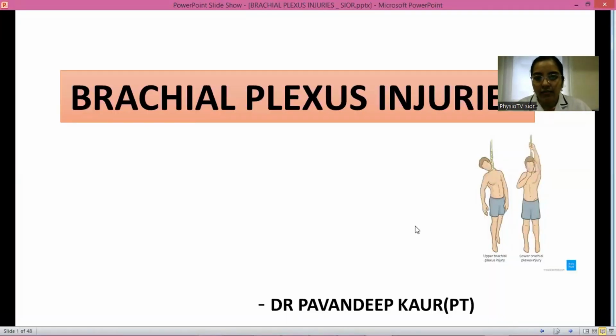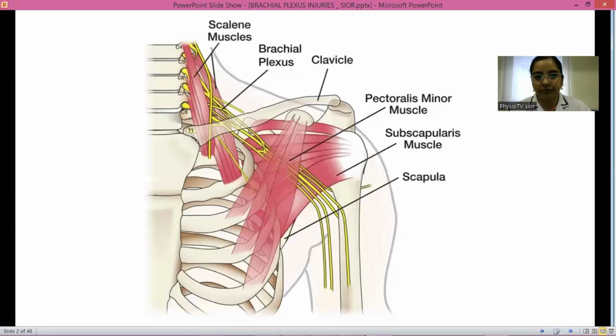So, as I said, the topic for today is brachial plexus injuries. The brachial plexus is a network of nerves located in the neck area.